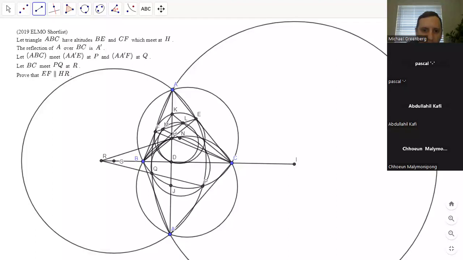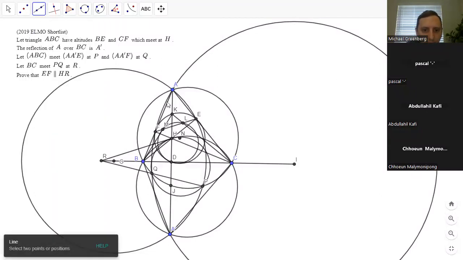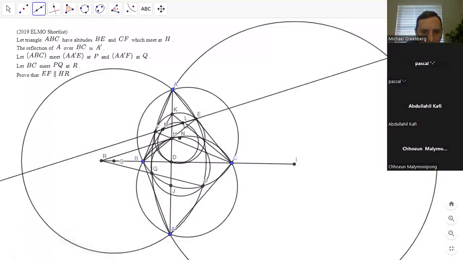Yes. And I think we know that's true because that's equivalent to saying that, yeah, that's true because these 4 points are in harmonic conjugation.